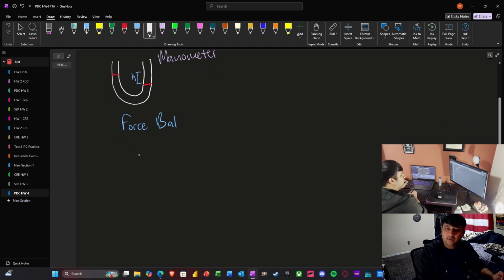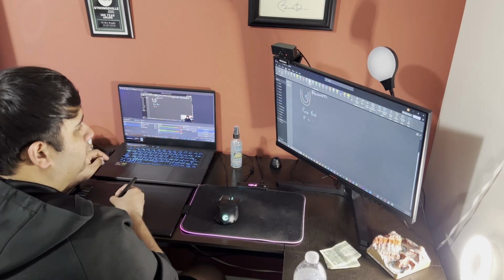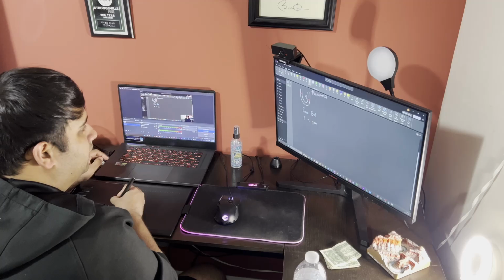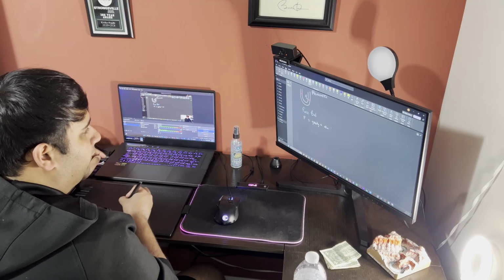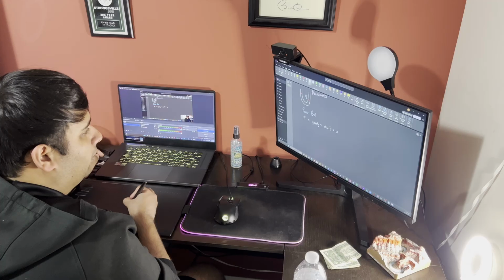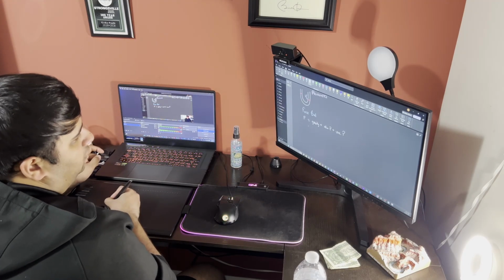Let's go white. And essentially what we'll see is our force will equal our gravity component plus our atmospheric pressure and our viscous pressures.